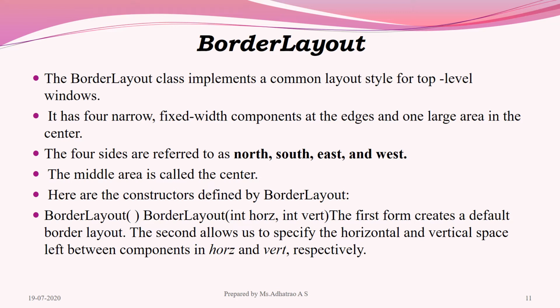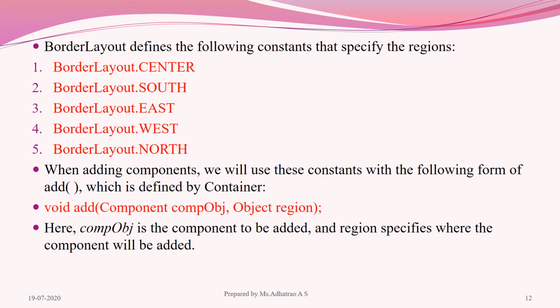BorderLayout defines the following constants that specify the region: BorderLayout.CENTER, BorderLayout.SOUTH, BorderLayout.EAST, BorderLayout.WEST, and BorderLayout.NORTH. These are the five constants which define the regions.